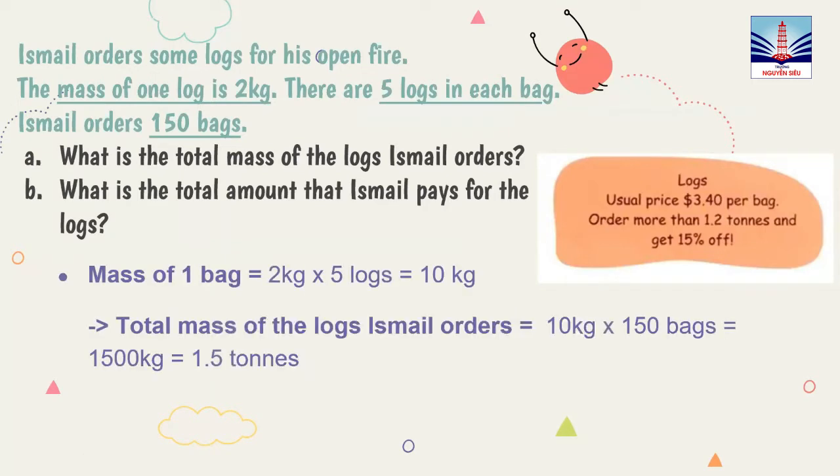To find the total mass of the logs, we need to find the mass of one bag, which is equal to 10 kilograms, and then the total mass of the logs is 1.5 tons.